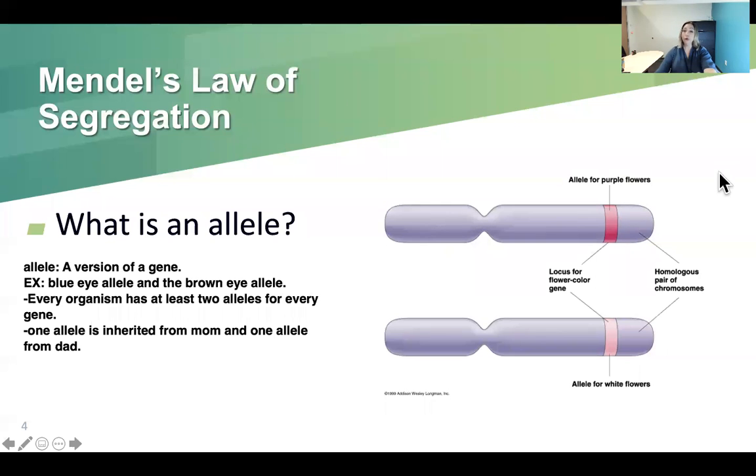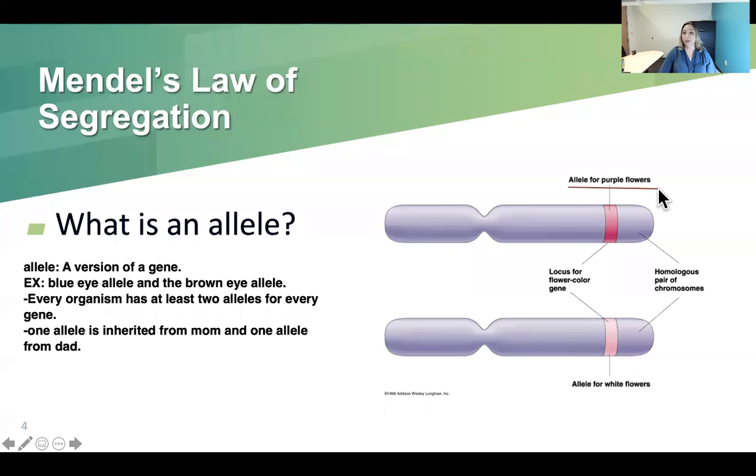Here we have 2 chromosomes, and these are homologous chromosomes. They make up a pair, and they code for the same genes, but they can have different alleles. Remember, homologous chromosomes are not identical, but they code for the same genes or traits. Here we are looking at chromosomes in a plant.